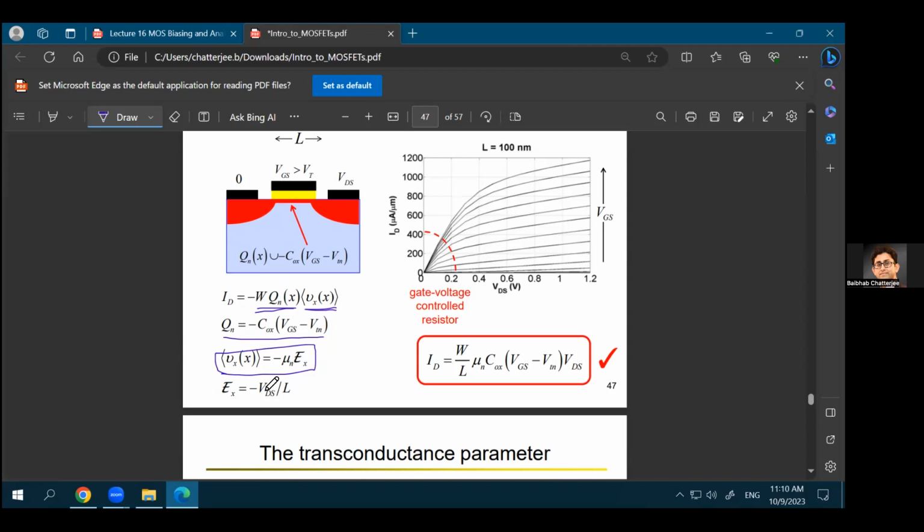So basically if we have a length of L, the voltage across drain to source divided by the distance between drain to source, that will give you the electric field between drain to source. So you can put all these values, what is your electric field, what is your velocity of the electrons, what is your charge per unit area in the electron, and eventually you'll come up with this equation, that the current will be equal to W over L times mu n Cox times Vgs minus Vt times Vds.